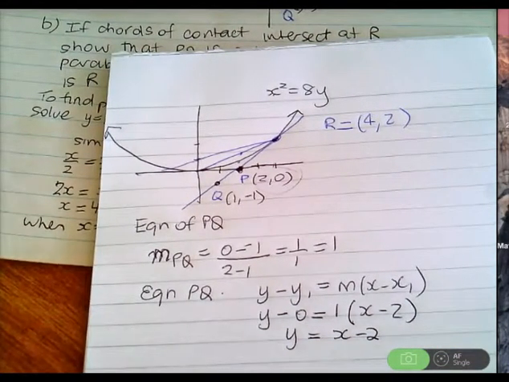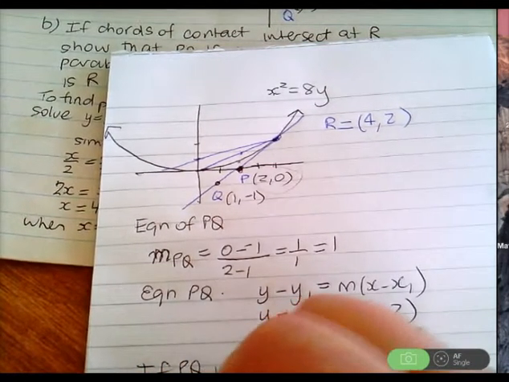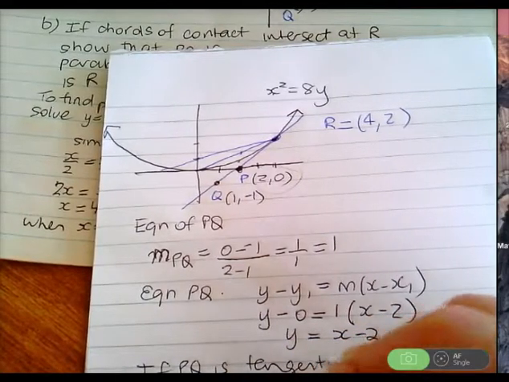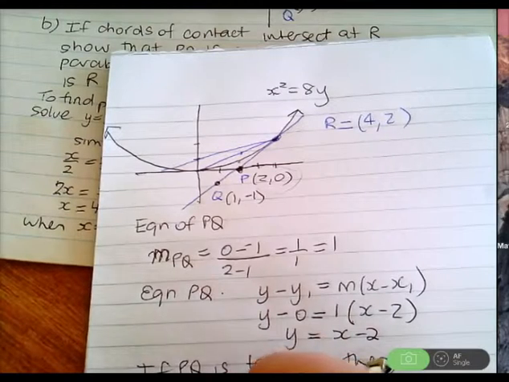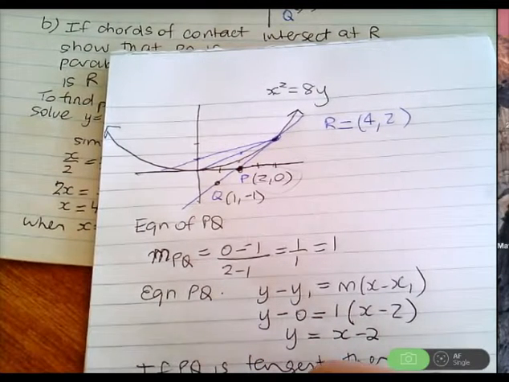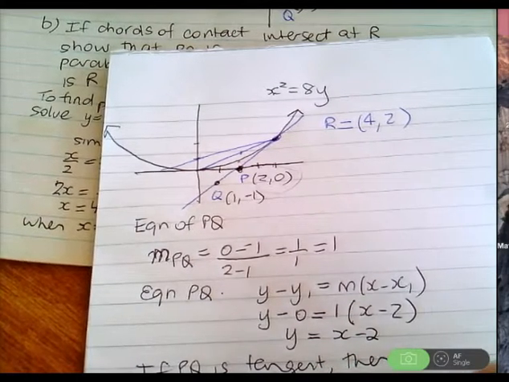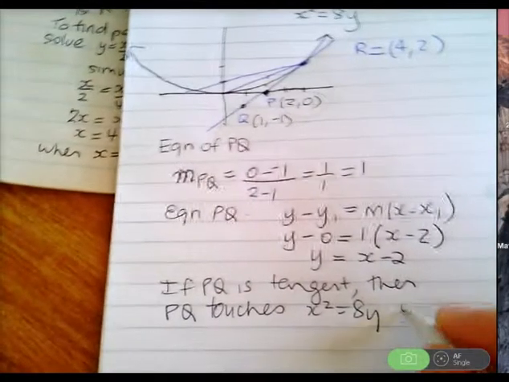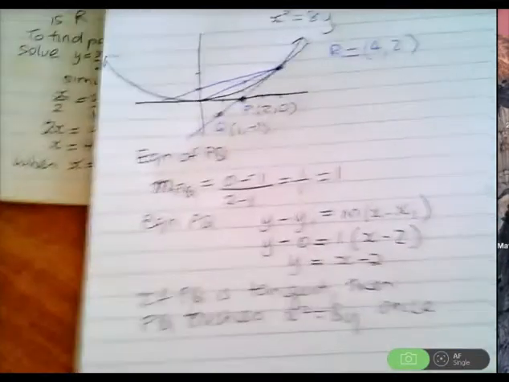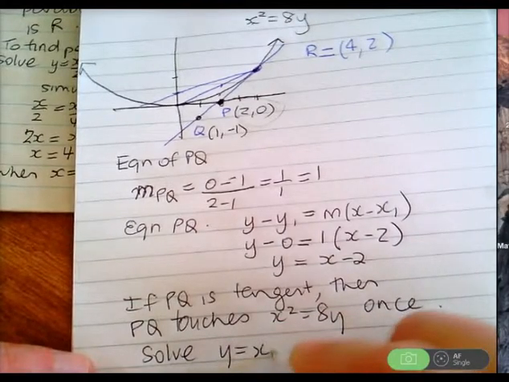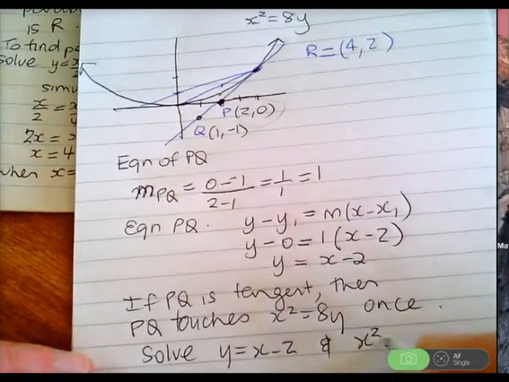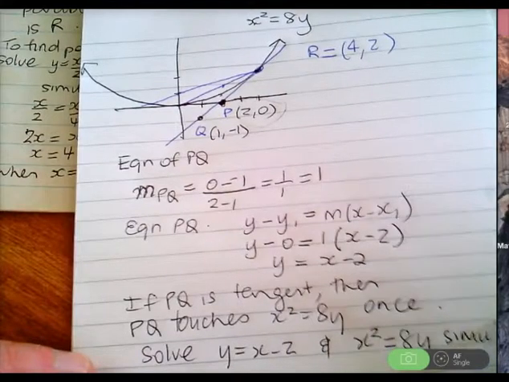Now, if PQ is a tangent, then PQ touches x squared equals 8y only once. Do you know what I mean? It's a tangent. So we want to solve y equals x minus 2 and x squared equals 8y simultaneously.